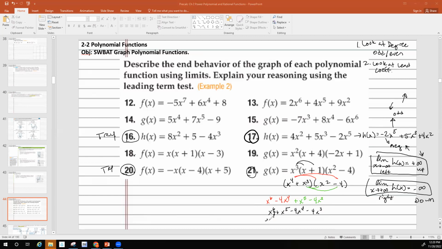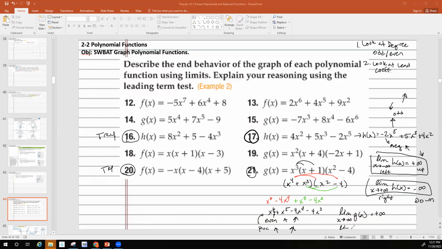So this is even. And our lead coefficient is an invisible positive 1. That's positive. So even means they're both going to go up or both down, and positive means they're going to stay going up. So here, we just write the limit of g of x as x approaches negative infinity, left, is going to be positive infinity.